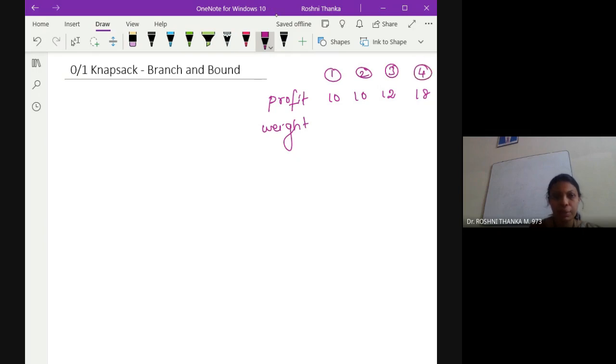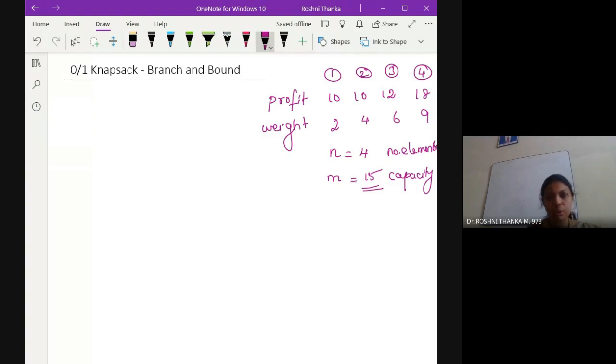For each one, let's take the weights as 2, 4, 6, and 9. So here we know n is 4, the number of items is 4, and the maximum capacity of the knapsack is 15. This is the capacity, and this is the number of items we have to accommodate in the knapsack.